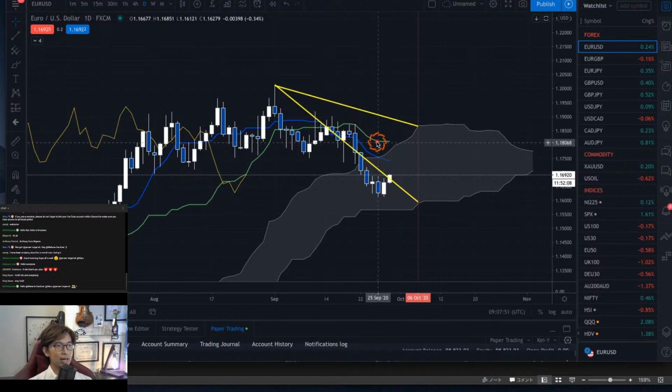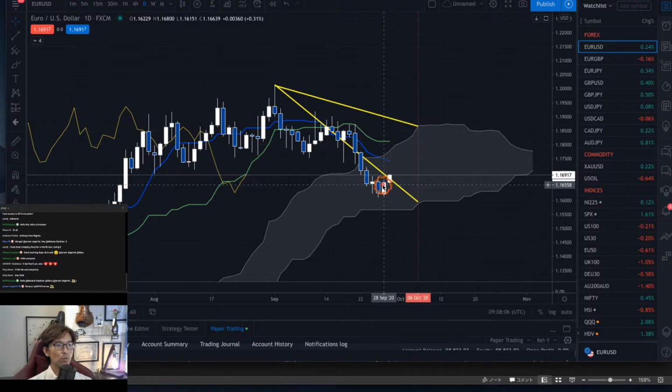The price is now between the forecast lines, and in this case we have to wait until the 6th of October. If the price ends within the forecast lines, within the Kumo, then we should expect there might be some continuous range in the market for a couple of days from this day.